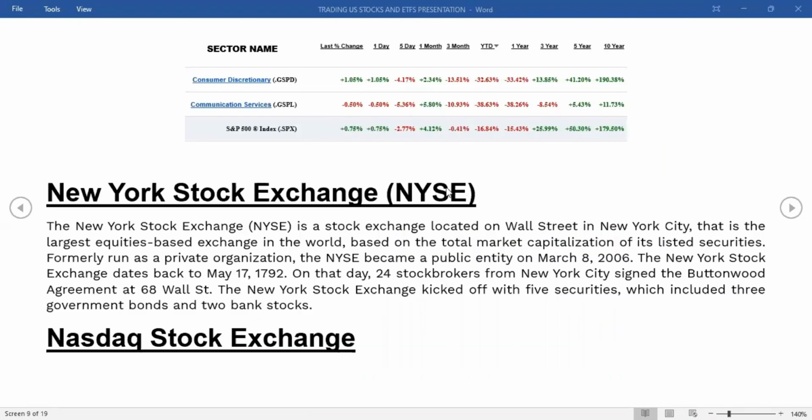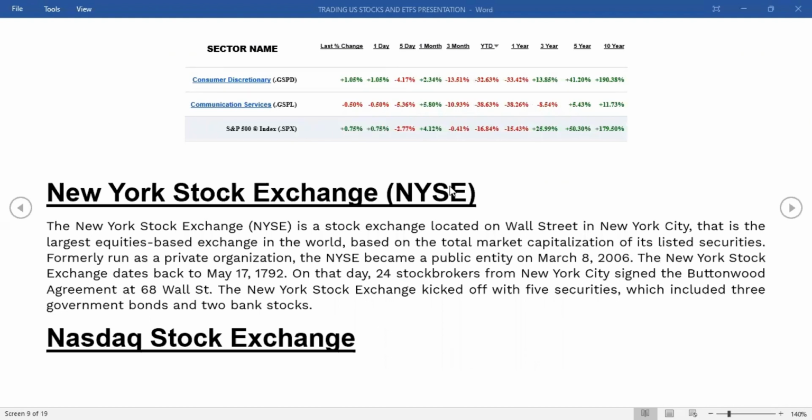So, okay, after looking at the sectors, let's look at the various exchanges that we have. The biggest exchange in the US is called the New York Stock Exchange. The New York Stock Exchange, or rather the NYSE, is a stock exchange located on Wall Street in New York City that is the largest equities-based exchange in the world, based on total market capitalization.